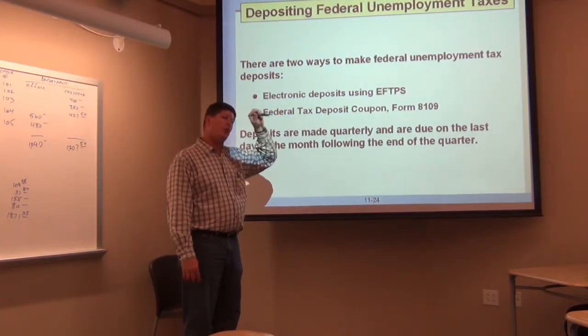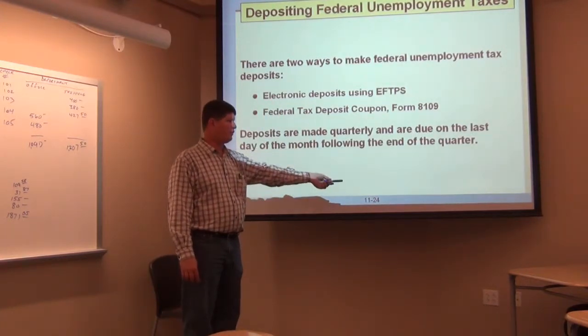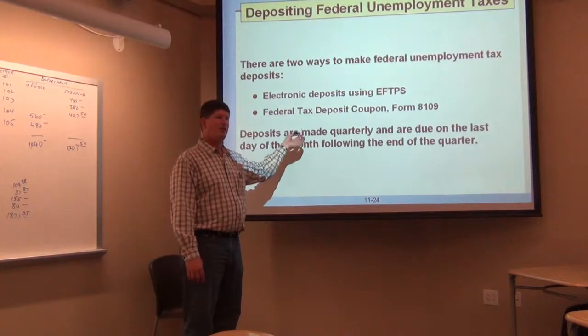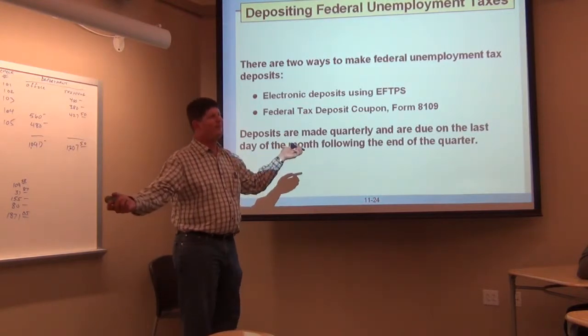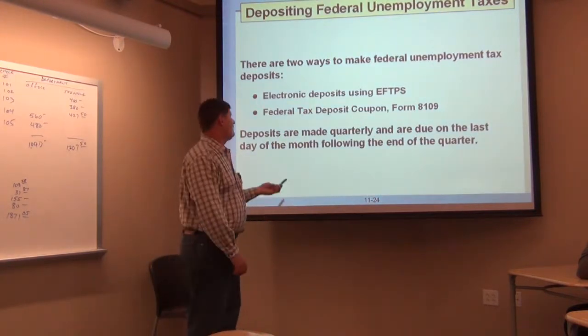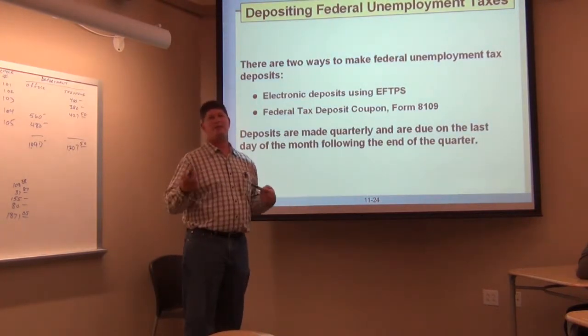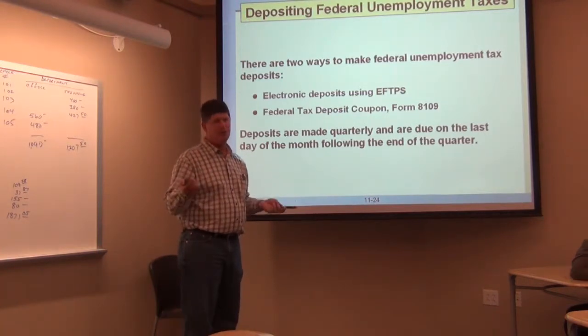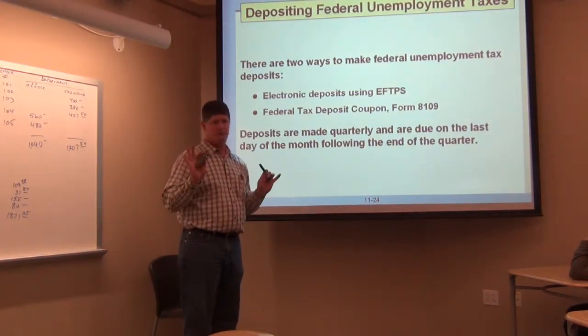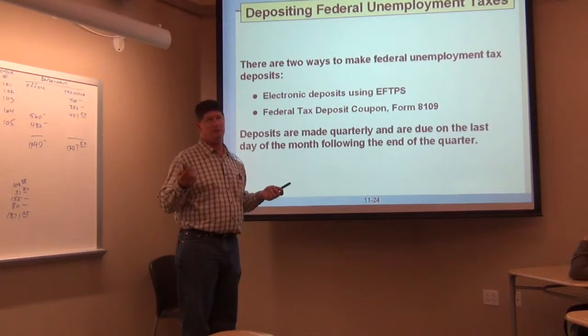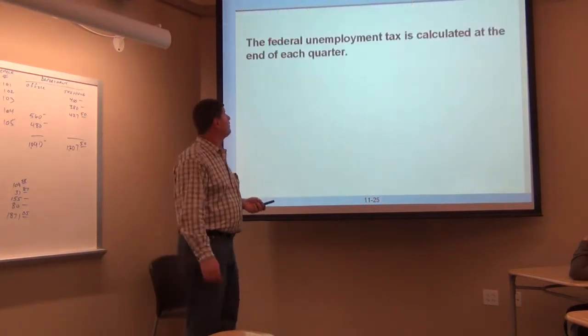Remember how the quarterly payroll tax return was a Form 941? Does anybody know the form number for the annual FUTA tax? It's 940, okay. And so you true that up once a year at the end of December, and you either owe or you don't owe, or they owe you a refund if you made a mistake.